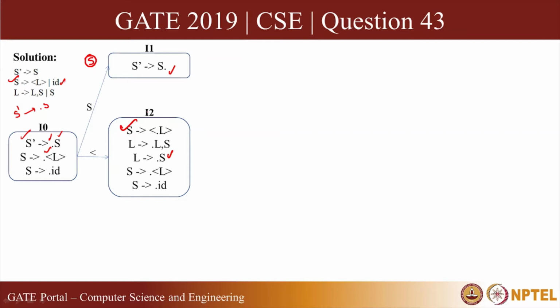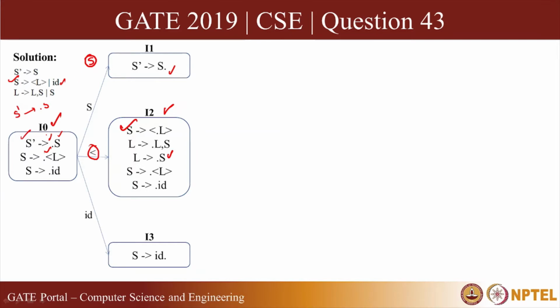So this is the stage of I2, the closure of S goes to less than dot L greater than. If I0 is parsed by the less than sign, it goes to I2. So goto of I0 on less than gives I2. Now let's complete the whole tree and discuss it further.